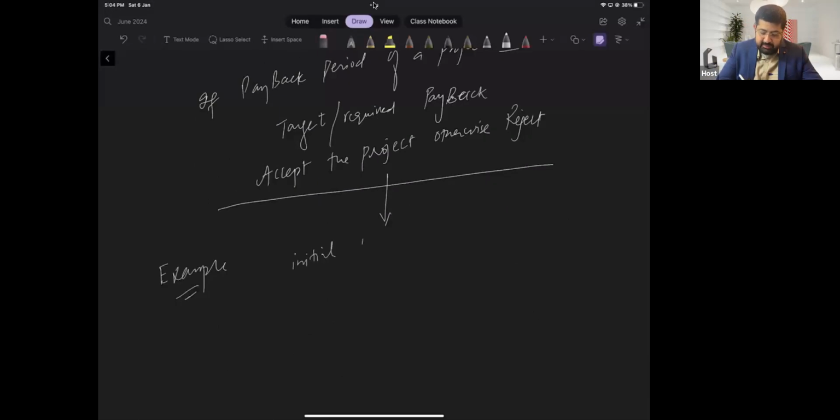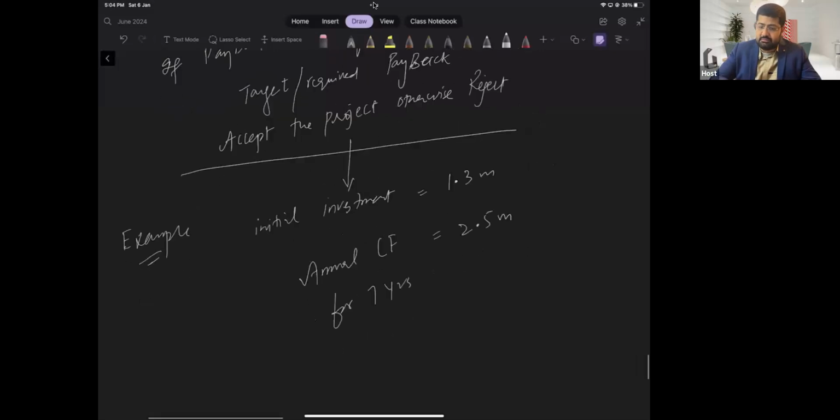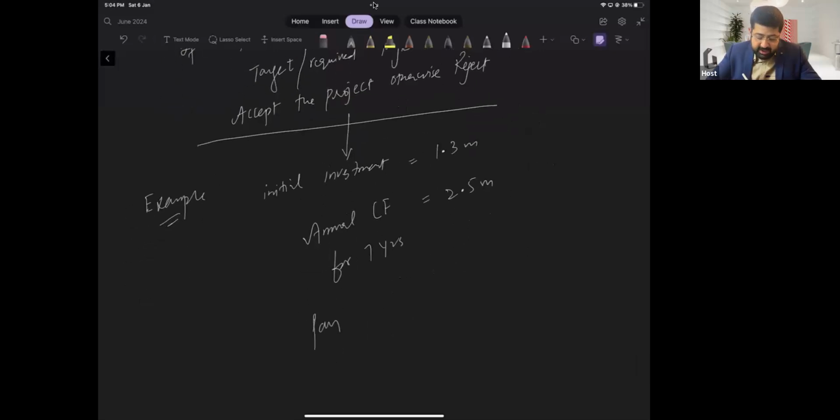Initial investment is 1.3 million. Annual cash flows from the project will be expected for 7 years. That is 250,000 per year. What is the payback of the project?